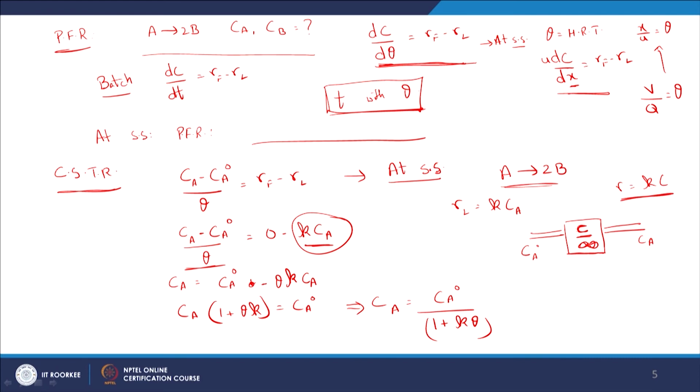The key is that because this is continuously stirred, whatever the concentration is inside the reactor will be the same as the concentration leaving the reactor, right. So what does that mean now? If you have C in and you have C out, and this is C, C and C out are going to be the same, right. Makes sense hopefully, because this is a continuously stirred reactor.